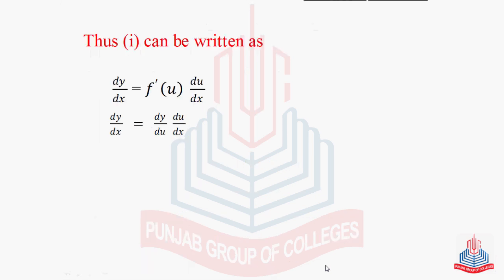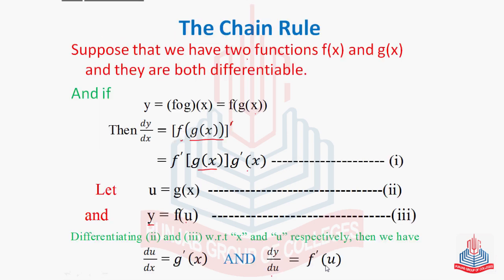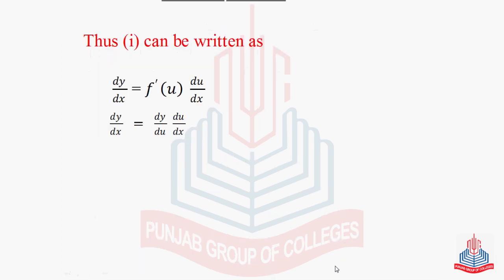Thus 1 can be written as: 1 is actually dy by dx, f prime g of x and g prime of x. G prime of x is actually du by dx, and f prime of u is dy by du. So 1 is actually dy by dx is equal to f prime of u times du by dx.